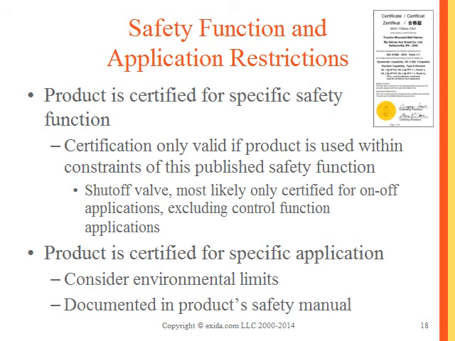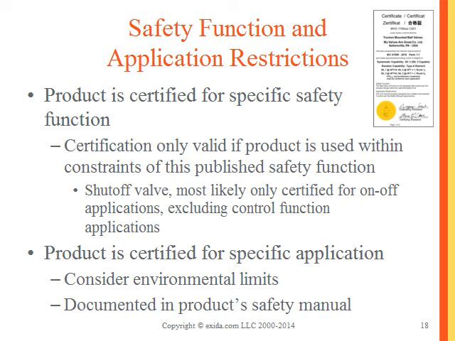So the Route 2H is based on failure data, on the confidence level that you have on the field failure data. Within exida, we have a tremendous amount of field failure data, hundreds of billions of hours of operating experience.